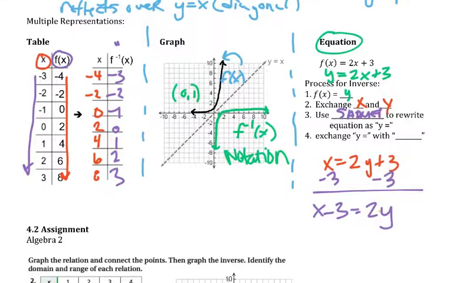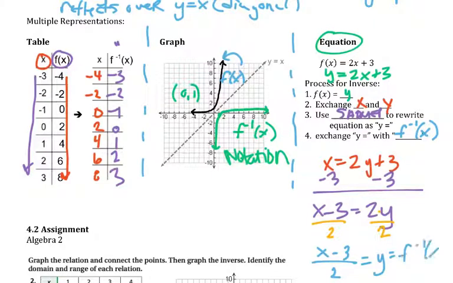And then I'll do the opposite of multiplying, which is dividing. And so my ending equation is x minus 3 over 2 equals y. And then we exchange y with f inverse of x. Because now we can say that that is the inverse equation.